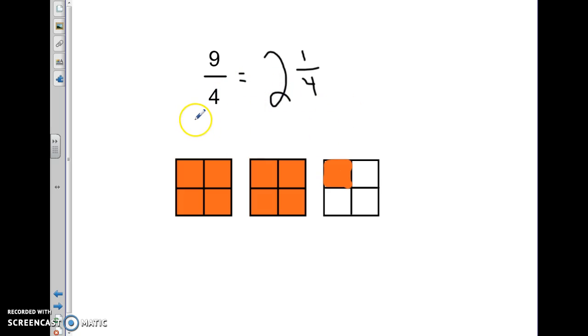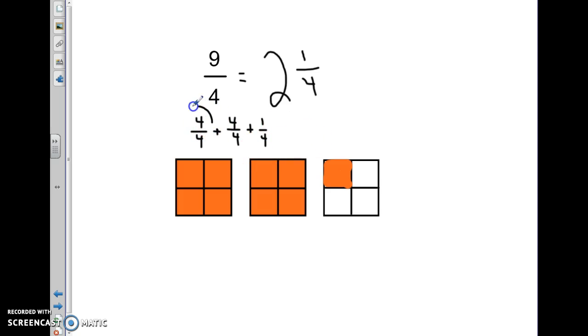So it goes in 2 whole times, and then there's 1/4 left over. So let me show you another way here so that you can figure it out. If you think, okay, 9/4 is the same as 4/4 plus another 4/4, right? That's 4/4, another 4/4 is 8/4, and then you'd need another 1/4 to give you 9/4, right? 4 plus 4 plus 1 is 9, so that'd be 9/4.